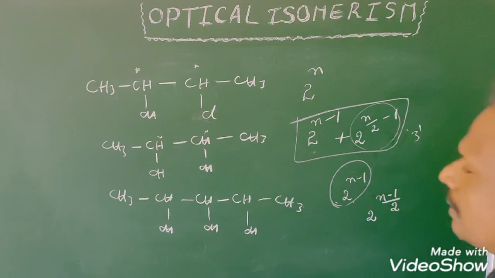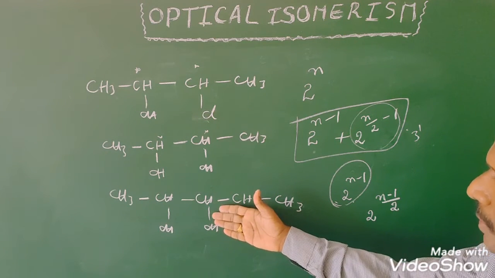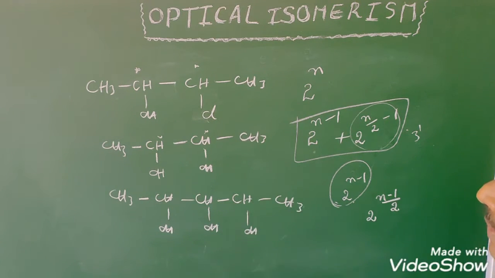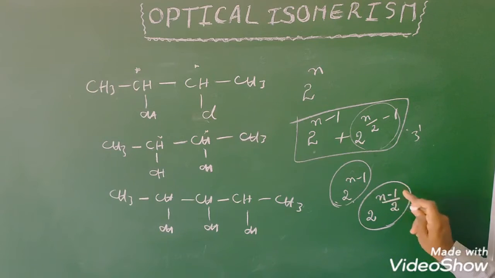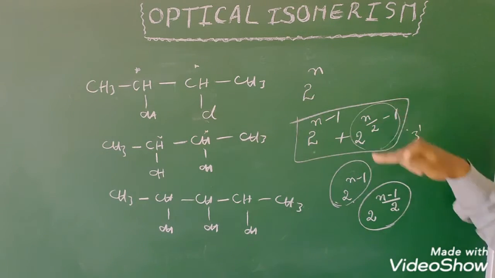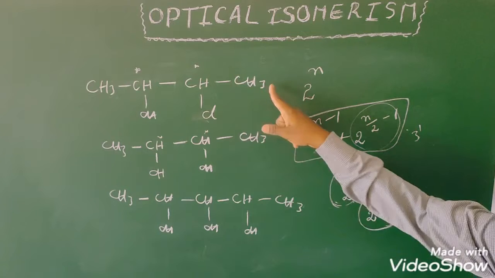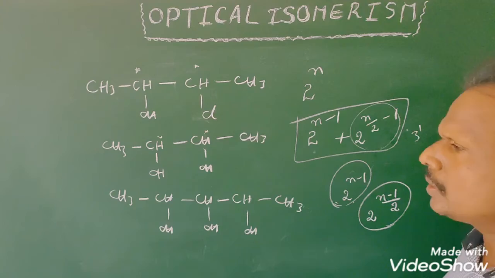Meso isomers, the number of meso isomers, that means the optical isomers which are optically inactive, that means they do not have the ability to rotate plane polarized light. Then the number of meso isomers is 2 power n minus 1 by 2. These are the different formulas to calculate the number of optical isomers arising due to the presence of chiral carbons in an organic compound.